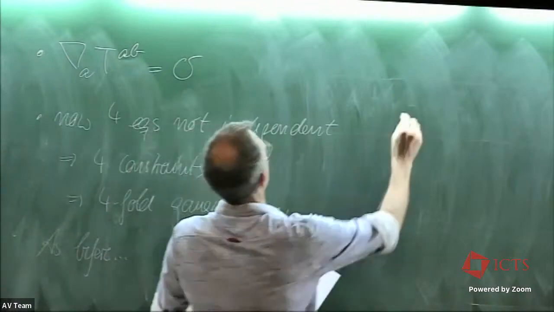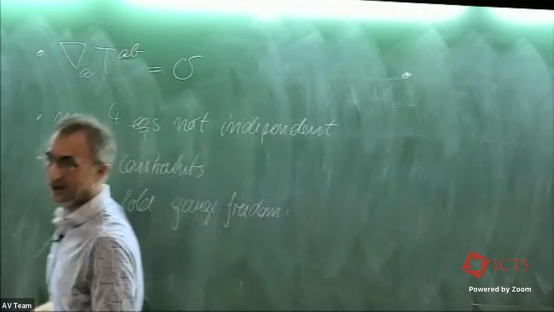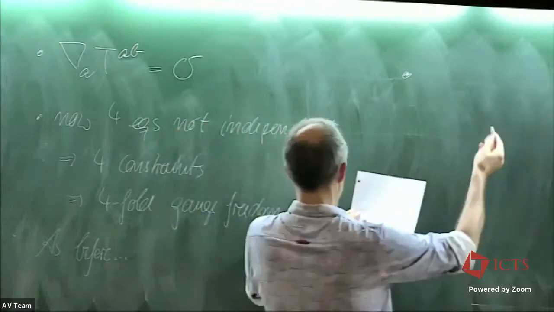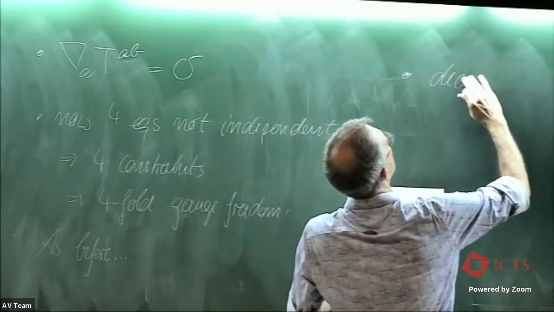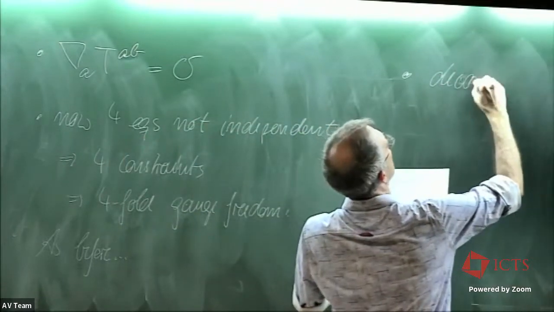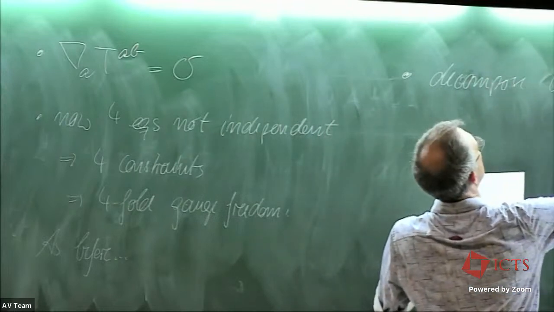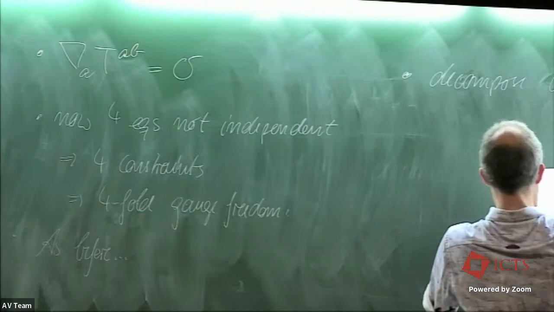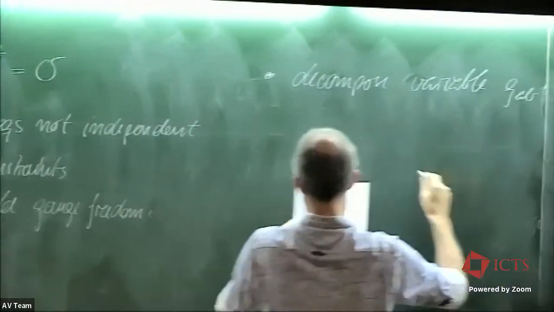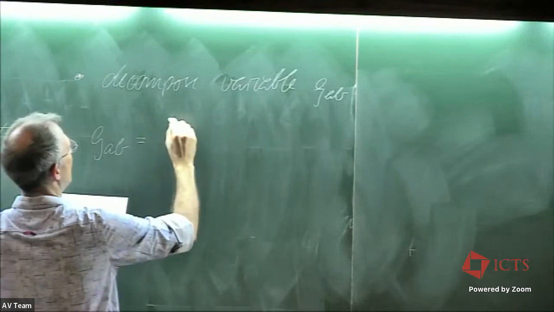So what is our variable? Well, our fundamental variable in GR is the spacetime metric. How do we decompose the spacetime metric? We do it the same way as we practiced in E and M. The variable g_AB. How could we formally do this? I could write g_AB equals, basically, I insert two copies of the delta symbol.